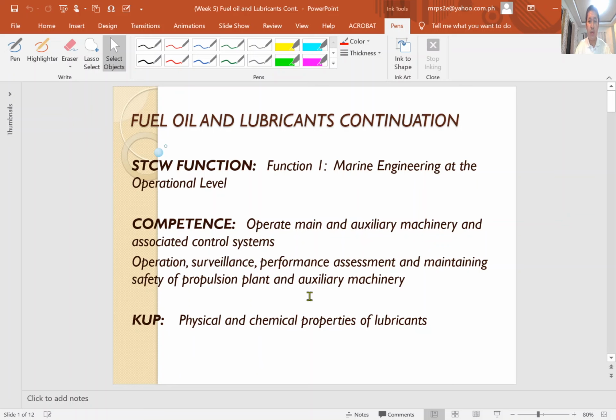Surveillance, performance assessment, and maintaining safety of propulsion plant and auxiliary machinery. Now, our KUP for this topic is physical. Our KUP is knowledge, understanding, and proficiency. So our KUP is physical and chemical properties of lubricants.